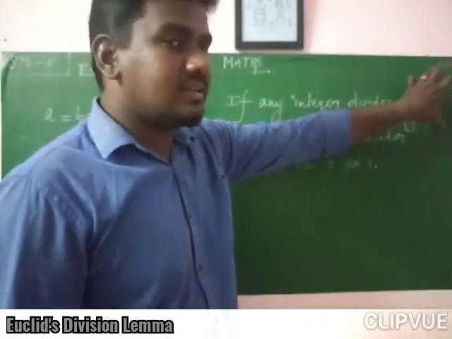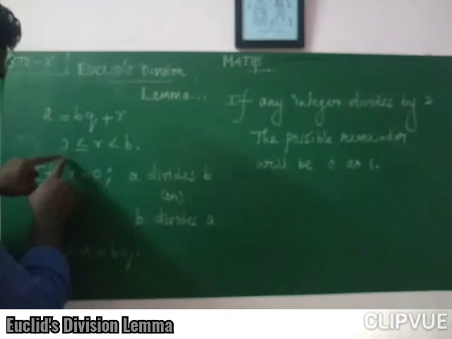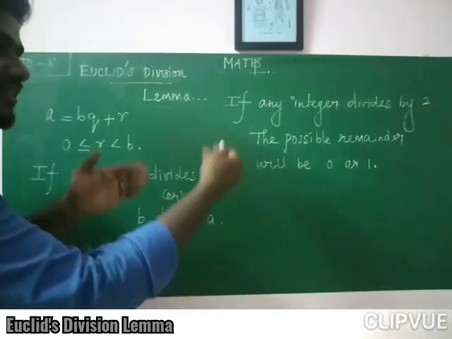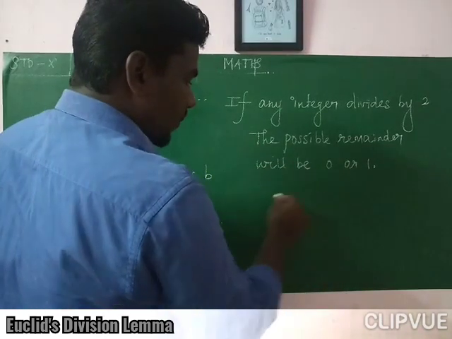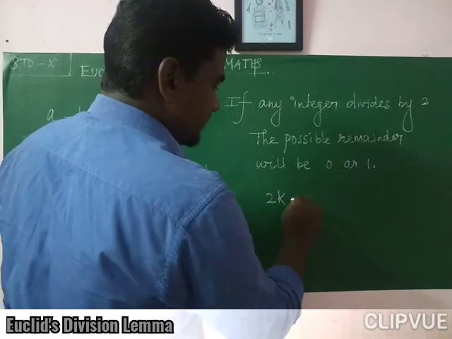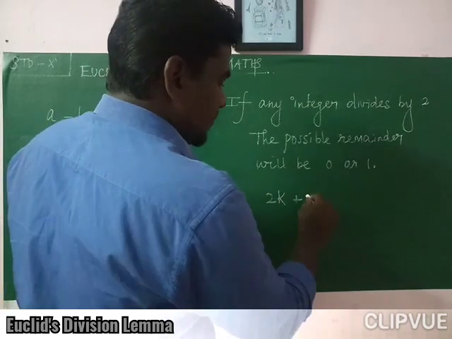The remainder is always less than the divisor, so either 0 or 1. So it can be written as 2k plus 1.